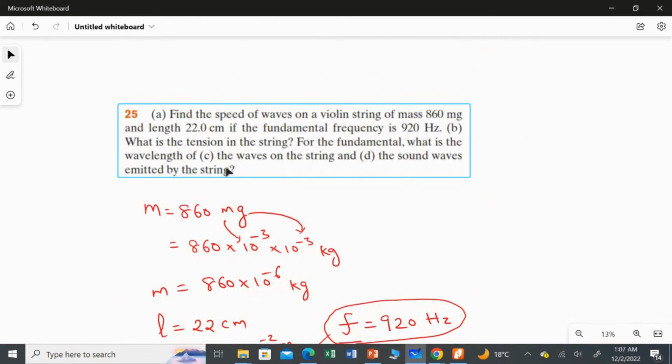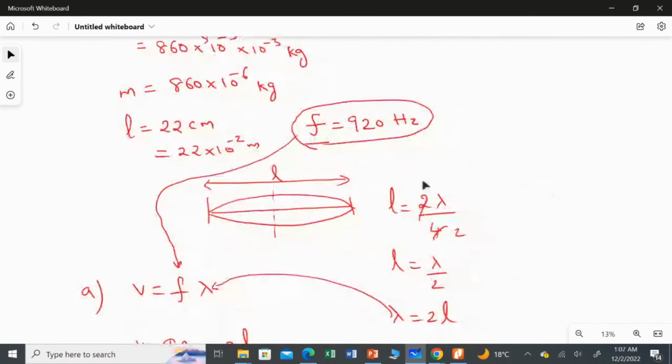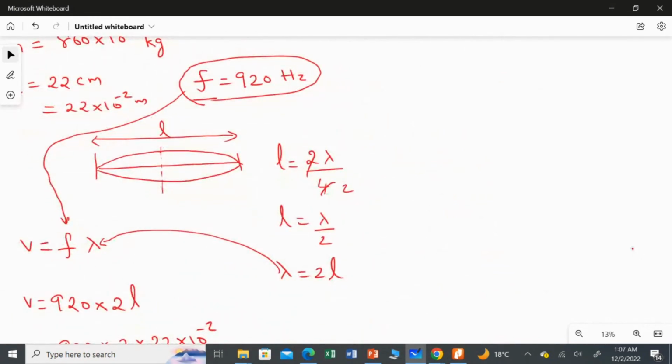What is the wavelength of the waves on the string? And we already calculated the wavelength here because this string will have the fundamental frequency. So better I can calculate the third question here. For wavelength, we already calculated lambda, which is equal to 2L.